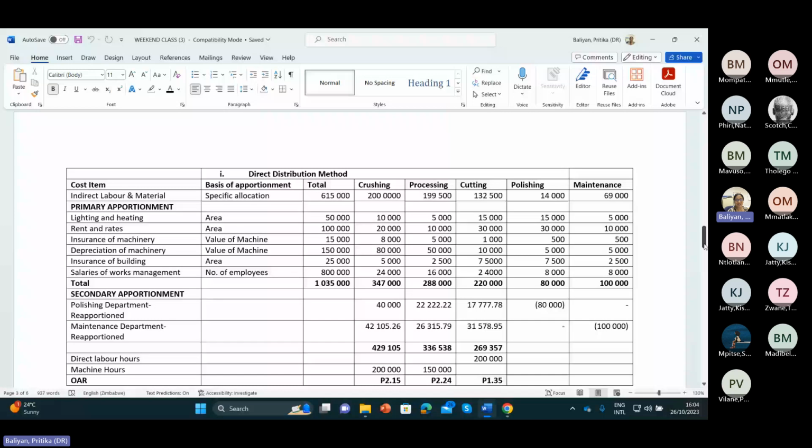Then I'm going to show the simultaneous equation method.